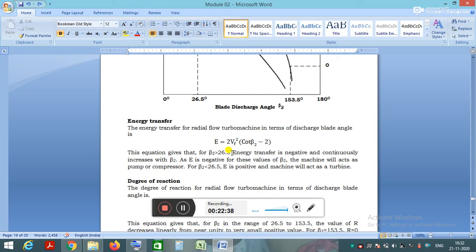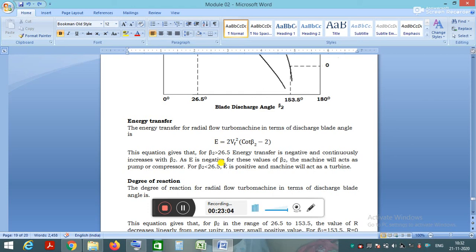Therefore, for a power generating turbo machine, in case of radial flow turbo machines, the beta 2 angle should be less than 26.5. Means for radial flow turbines, the angle of beta 2, that means the discharge blade angle, is always less than 26.5 degrees.